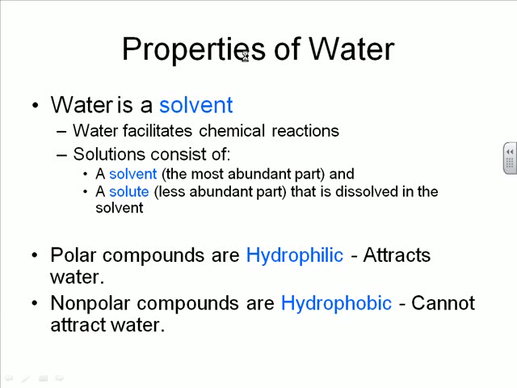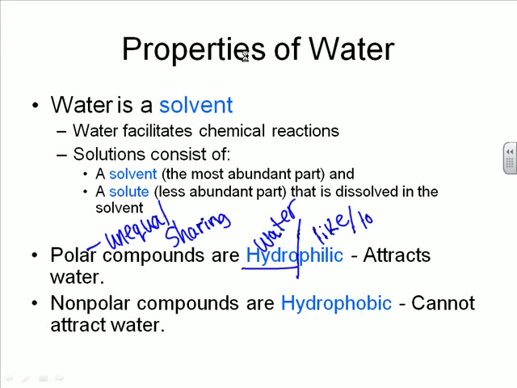Now, when you're looking at solvents, we also see certain characteristics occur. We see that our polar compounds, those that have that unequal sharing of our electrons, tend to be hydrophilic. Hydro means water. Philic means to like or to love.